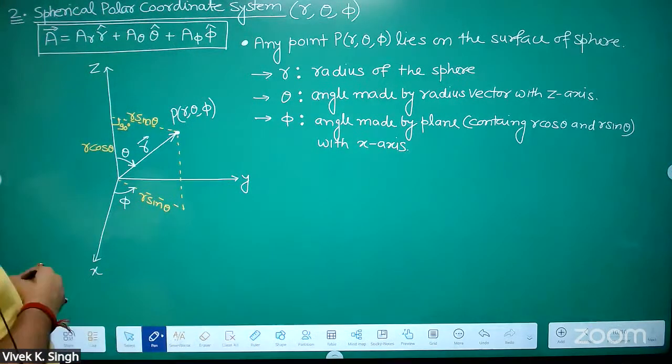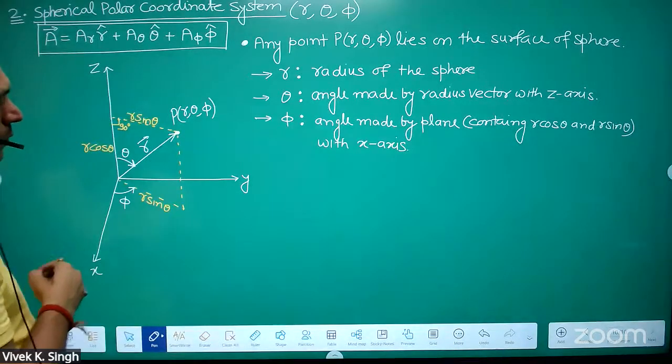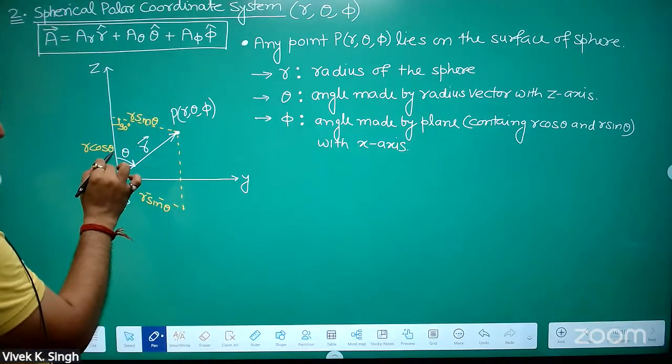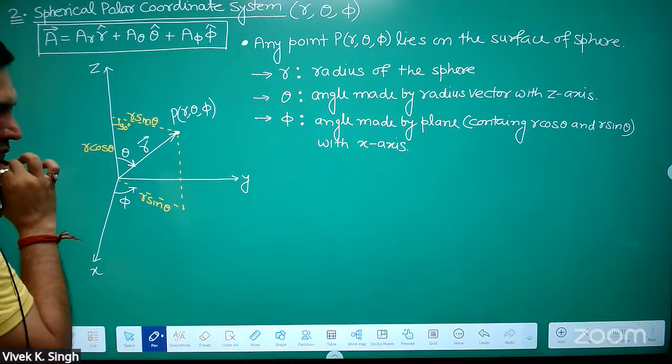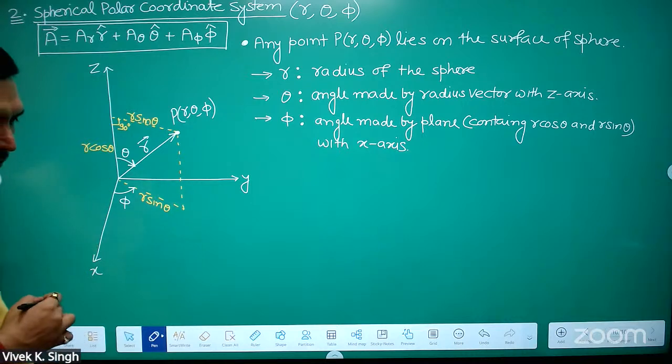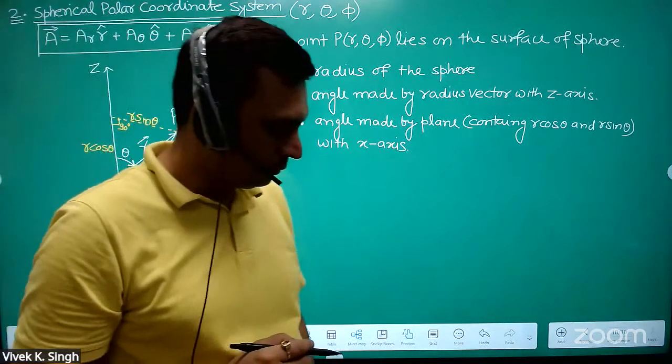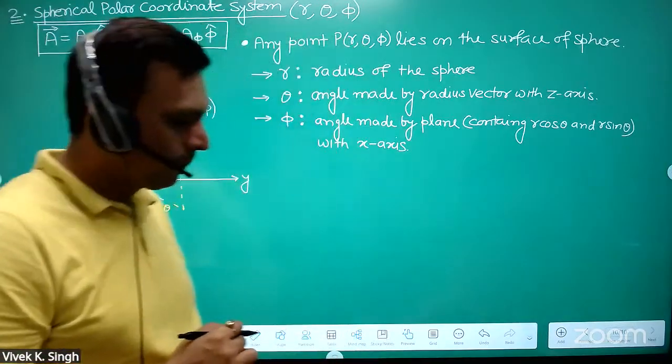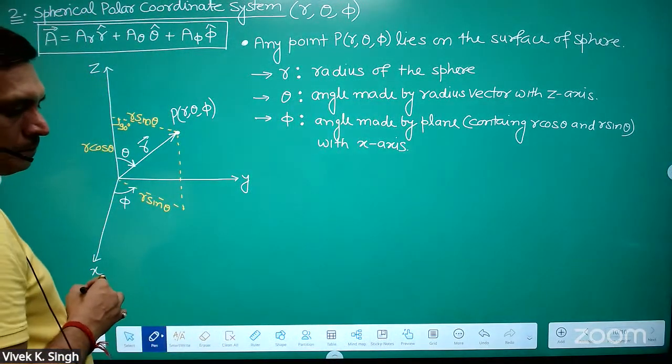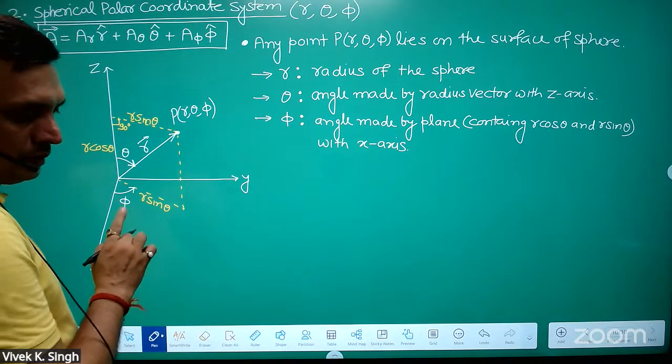Is it clear what is r, what is theta, and what is phi?